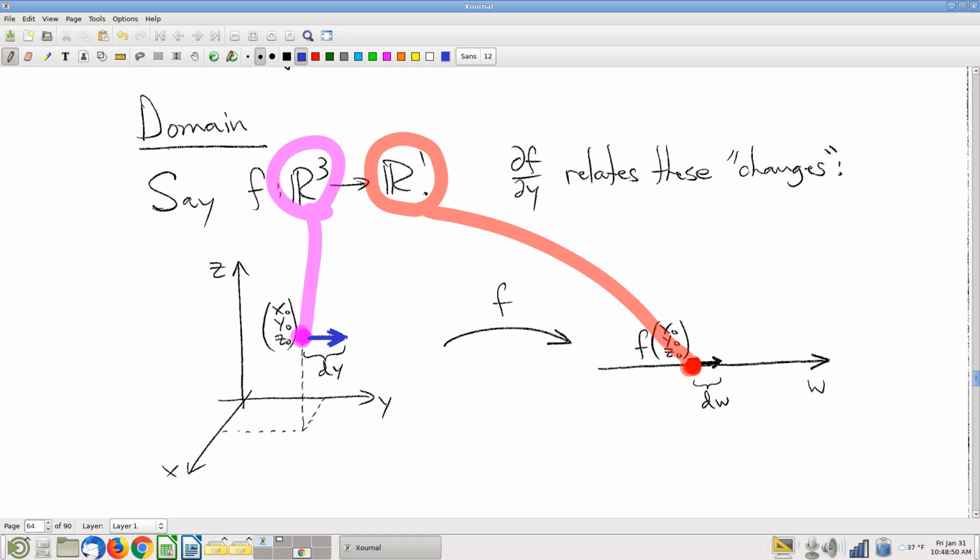So we're going to move that way. y is going to change. You might call that little displacement dy. And derivatives relate input changes and output changes, so I want to relate that to, okay, when I make that change in y, correspondingly how much does the output change, dw?